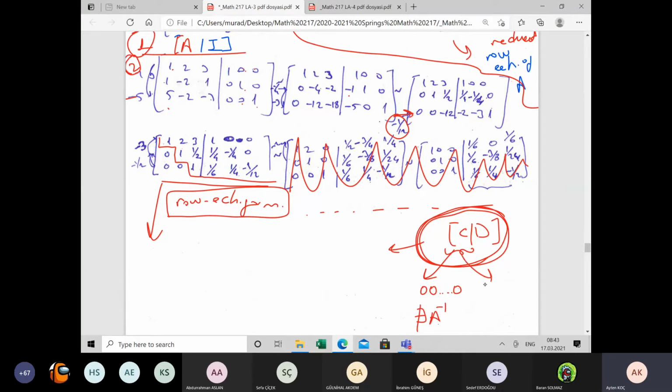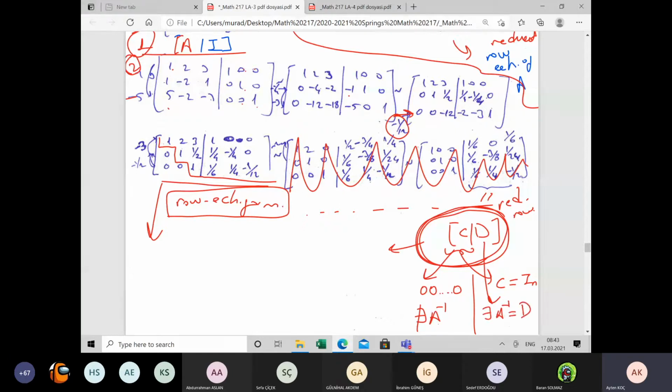Otherwise, C is a non-zero row matrix, and if this is reduced row echelon form, C is the identity matrix. So it is invertible and the inverse exists. What's the inverse matrix? D, the second part.